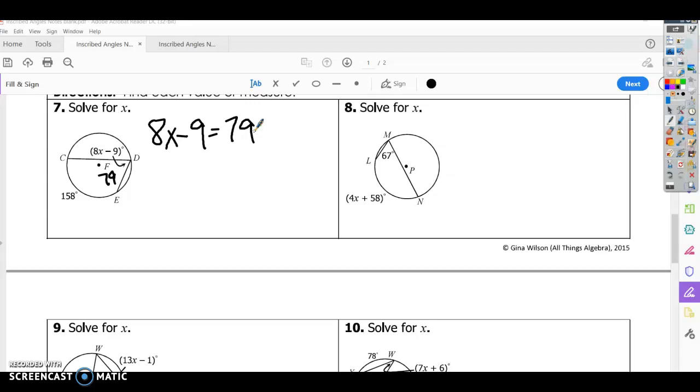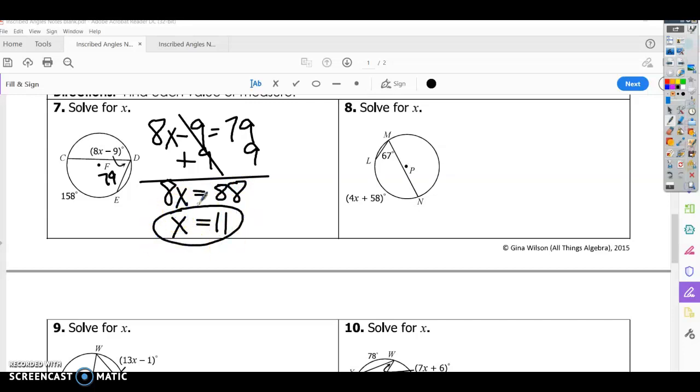So we're going to solve for x by adding 9. Divide by 8, and x equals 11. So this time it just said solve for x.